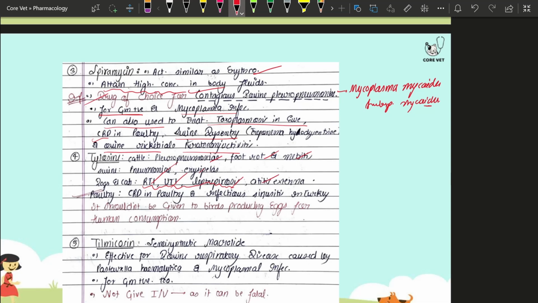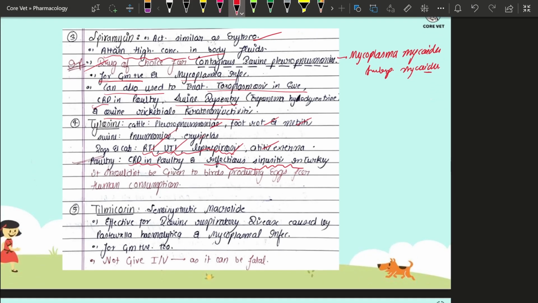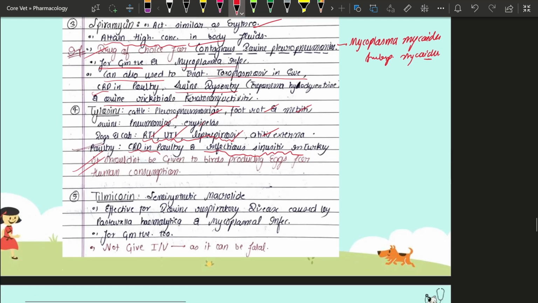In poultry, CRD, chronic respiratory disease, could be treated. Infectious sinusitis in turkeys could also be treated, right? But it shouldn't be given to poultry birds reared for human consumption, because the eggs are going to be affected by tylosin, right?